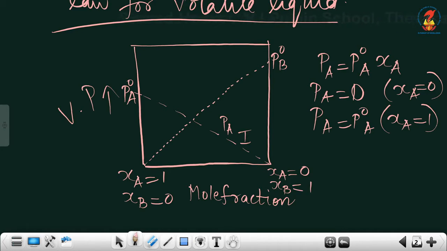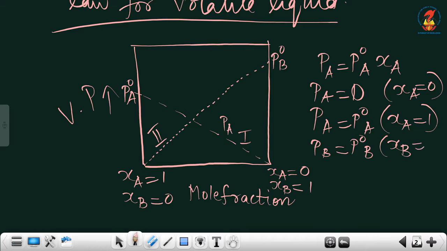So this line, that is line number 2, represents the variation in vapor pressure with mole fraction for component B. And the maximum value of mole fraction XB is equal to 1. When XB is equal to 1, we have PB is equal to P naught B.